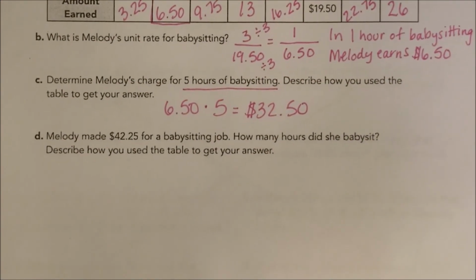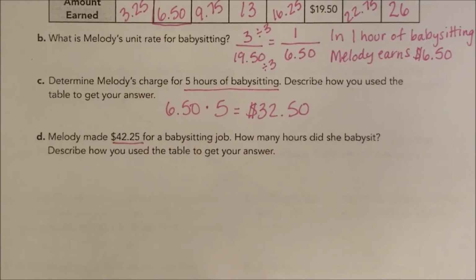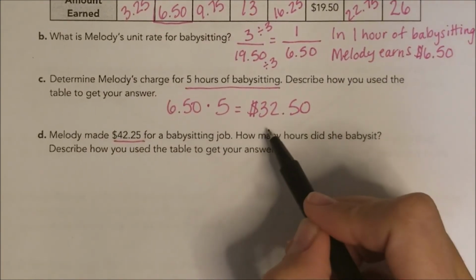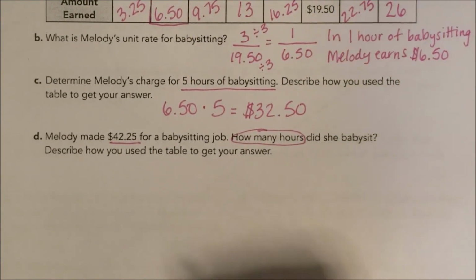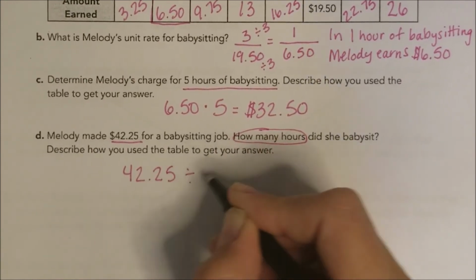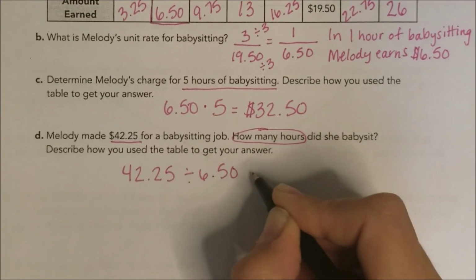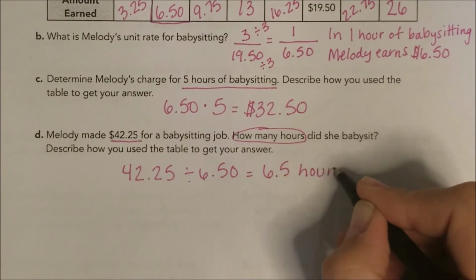Looking at D, Melody made $42.25 for babysitting. How many hours did she babysit? So now we're doing the opposite. We're taking what we were given, dividing it by our unit rate. And when we divide, we get 6.5 hours.